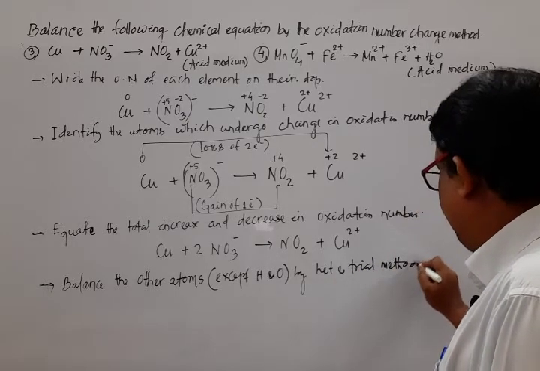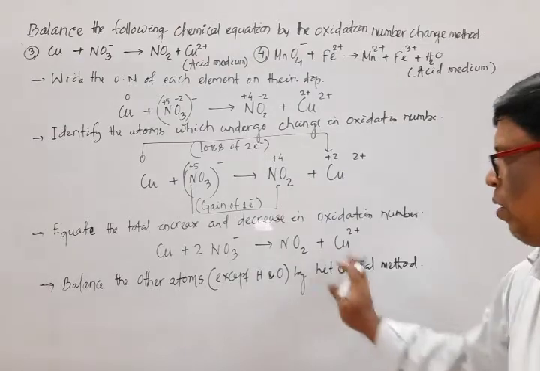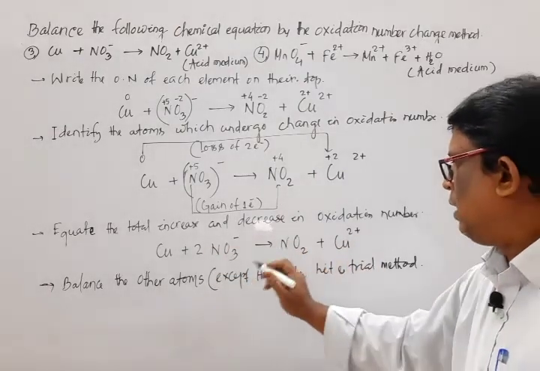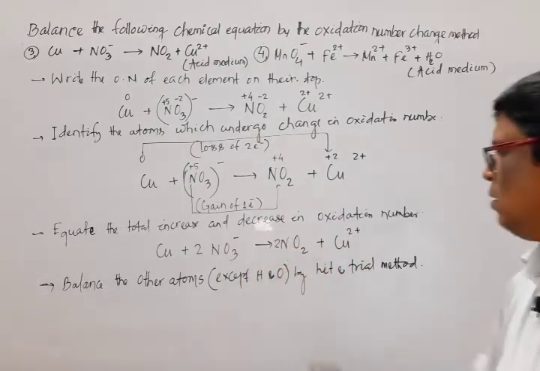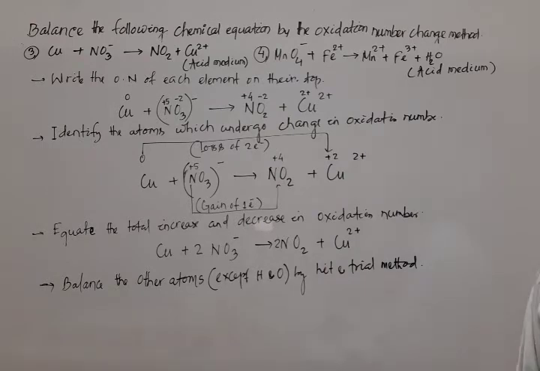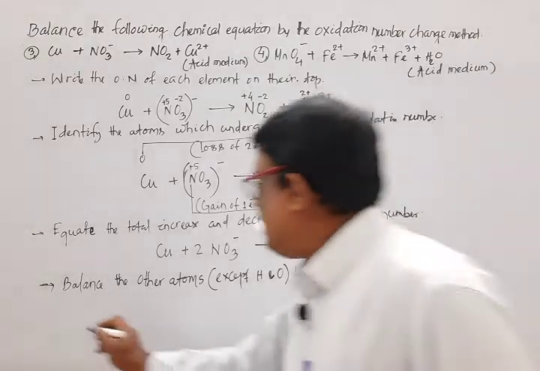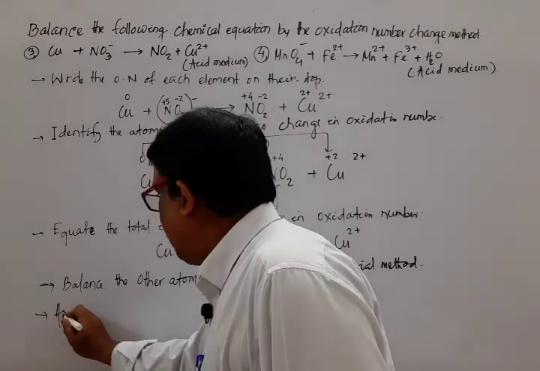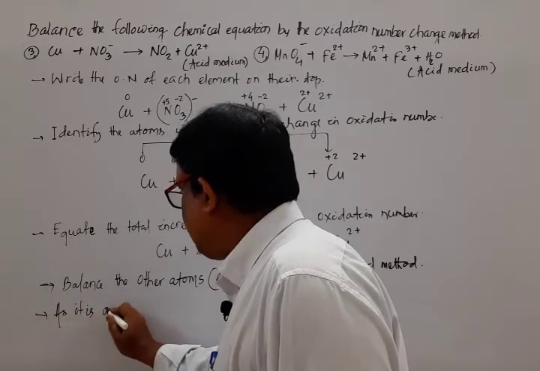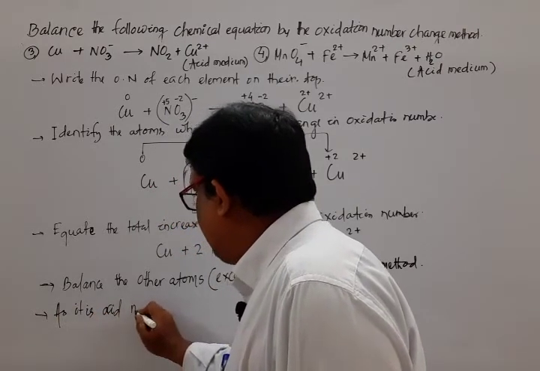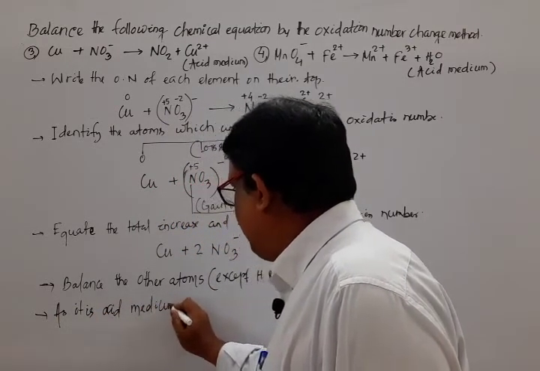Mark that, that is copper. Copper is balanced, nitrogen is balanced. Then finally we have to balance the number of hydrogen and oxygen, as it is acid medium. Mark that, as it is acid medium.